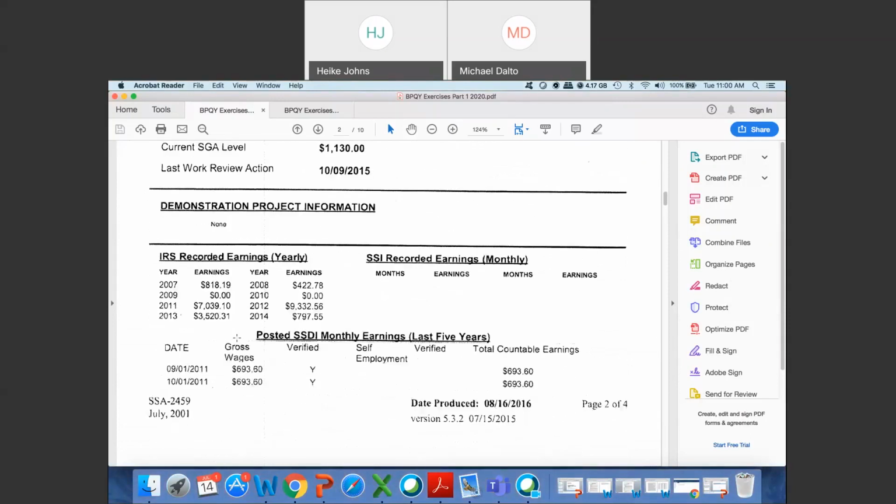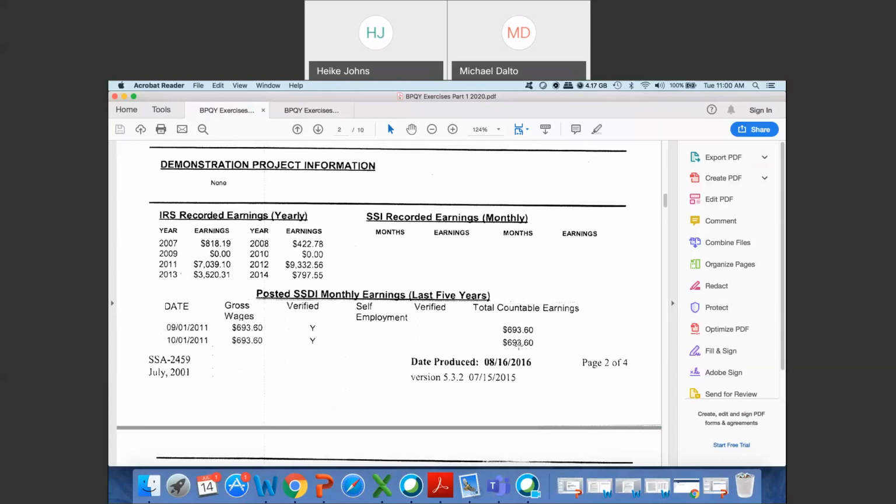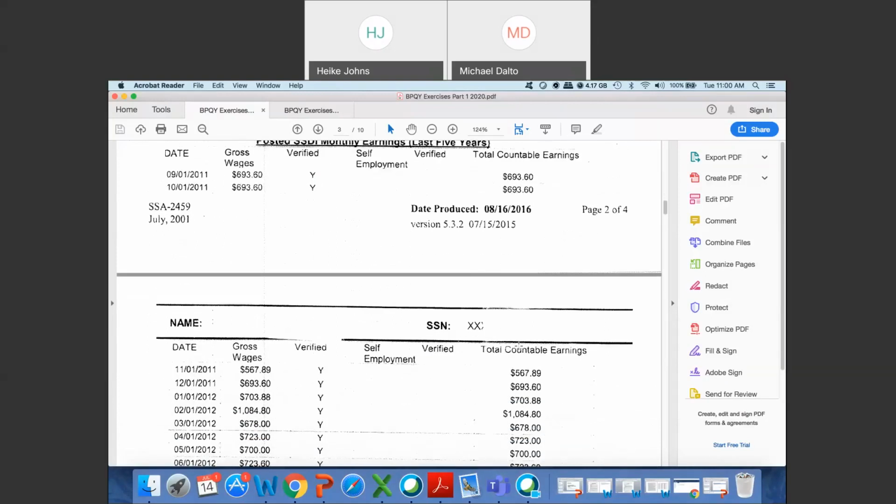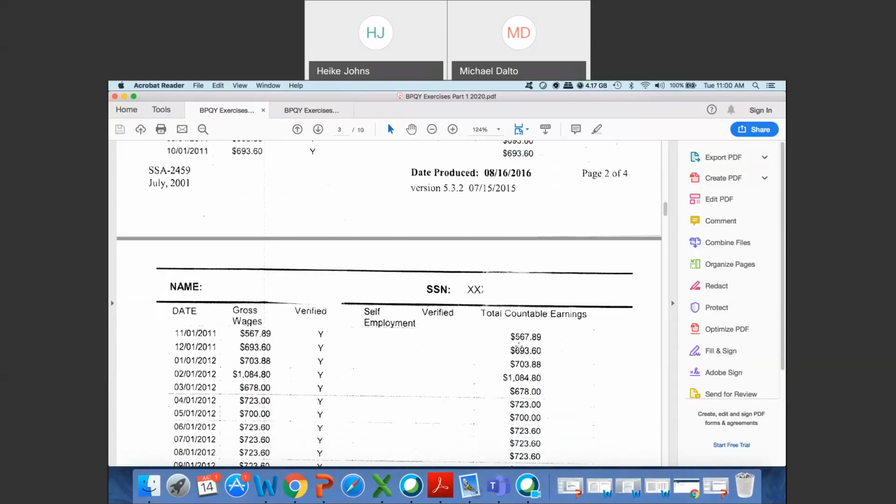And let's look at what the earnings were that month. $693.60. Well, in 2016, when this BPQY was produced, the earnings threshold for using a trial work period month was $720. So this person wasn't using trial work period months in September, October, November, December, January.